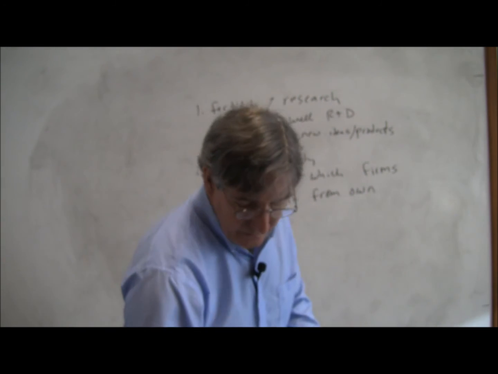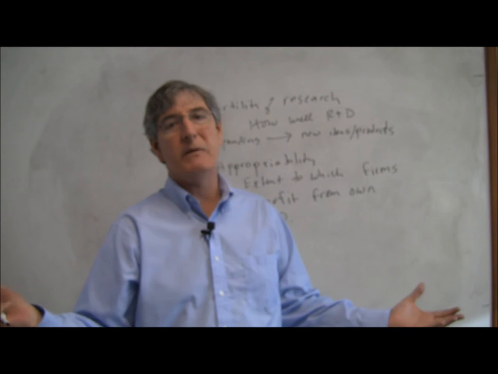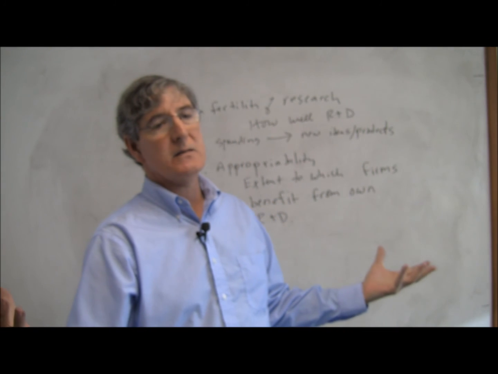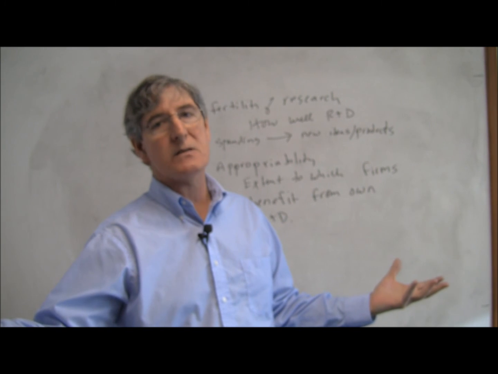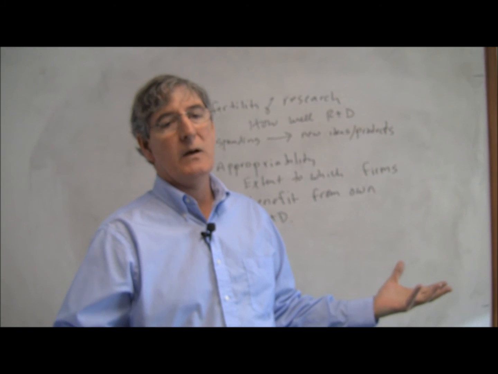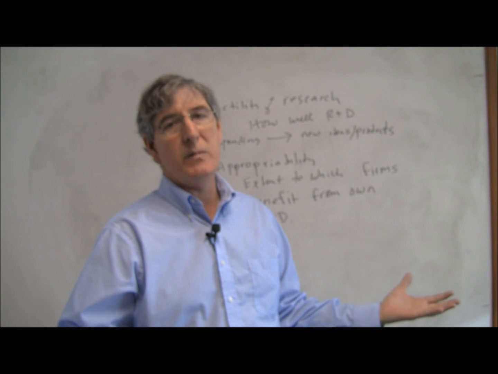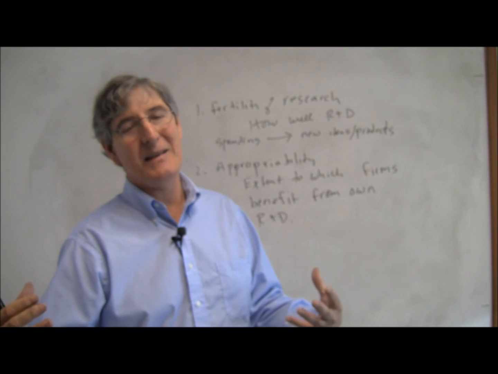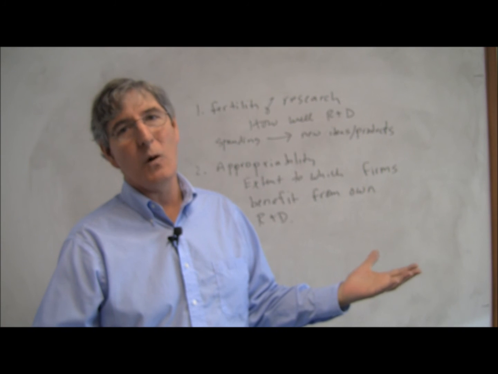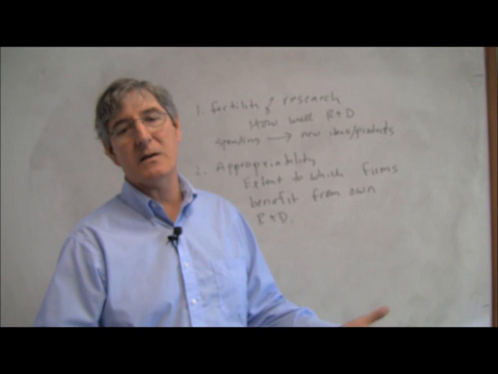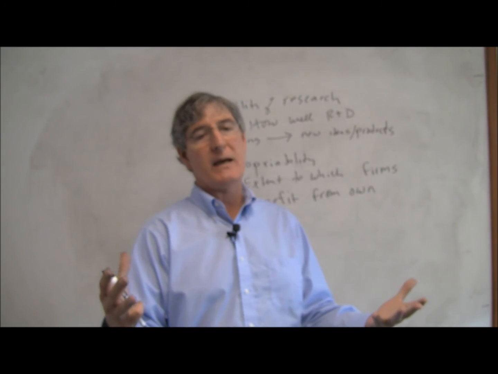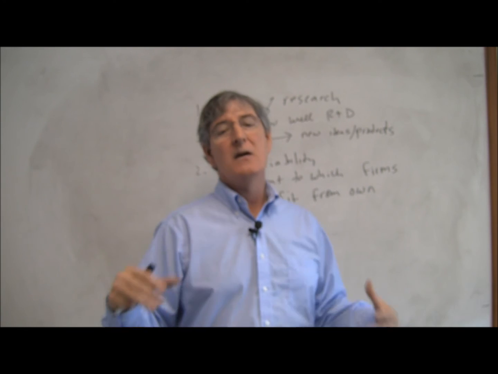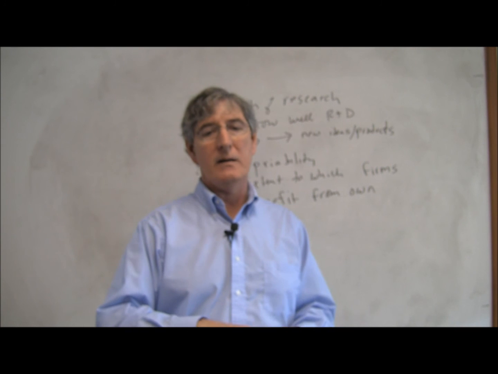If you spend all this time and money developing a new product, and suddenly it's this great new product, and other firms can just copy it, you're not going to be able to recover your investment in the ideas. And so you're not going to want to do the ideas to begin with. So we give firms patents and use other mechanisms to make sure they have property rights over their own ideas to encourage more R&D.